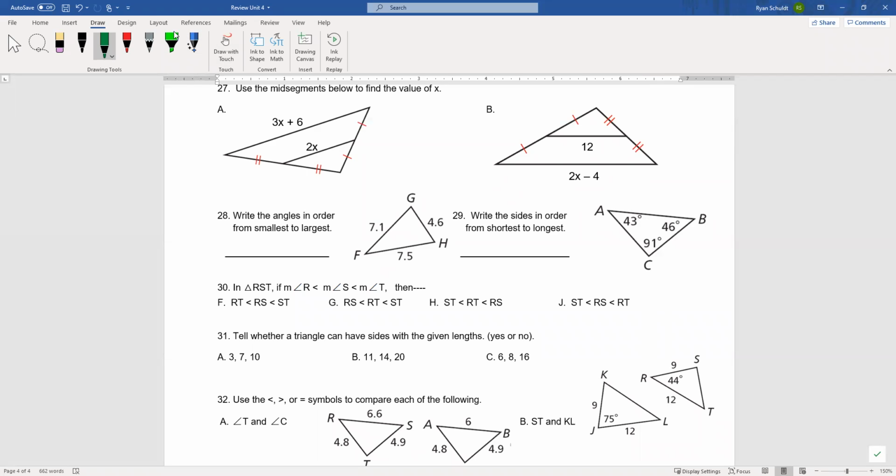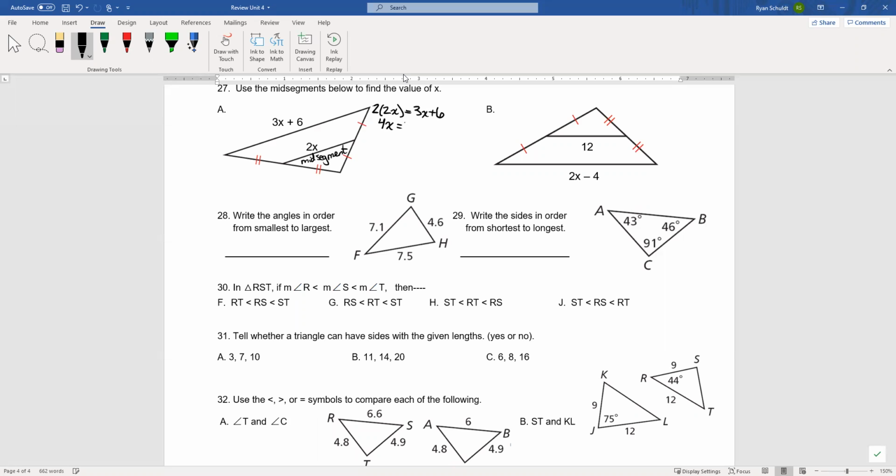So for A, 3x plus 6, and then you got the 2x. Well, to get x, I'm going to have to multiply this 2x times 2 because it is our mid-segment. So 2 times 2x equals 3x plus 6. 2 times 2 is 4.